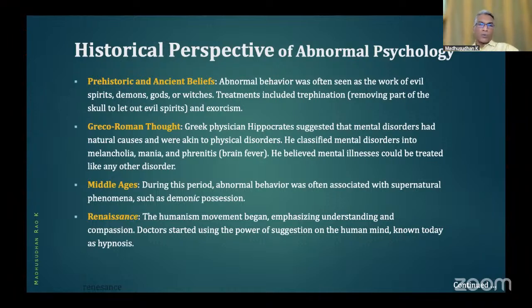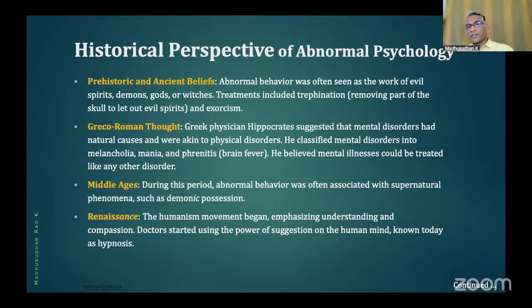So, Greco-Roman thoughts. The Greek physician Hippocrates suggested that mental disorders have natural causes and were akin to physical disorders. He classified mental disorders into melancholy, cholera, mania, and phrenitis, which is called brain fever.